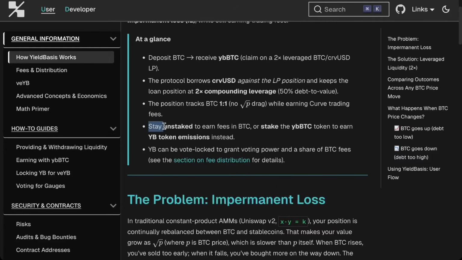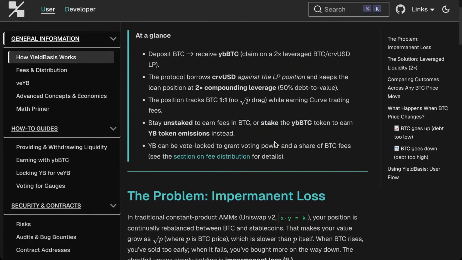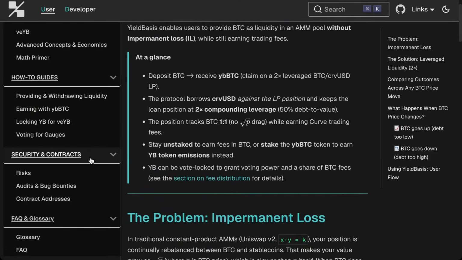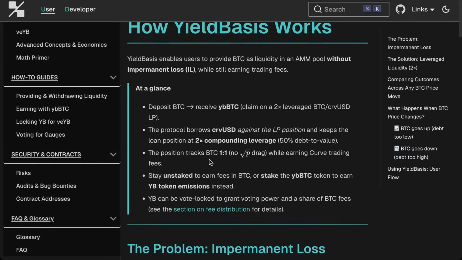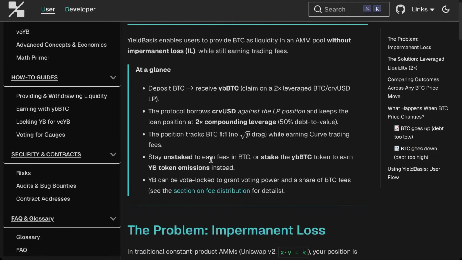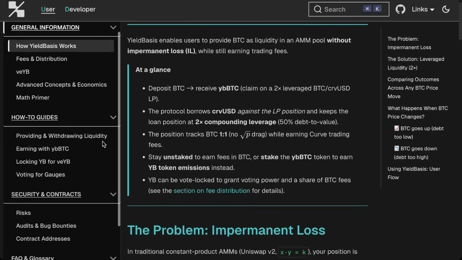Step 4, earn yields. You collect trading fees in Bitcoin from the pool. Half of the fees cover rebalancing costs, and the other half goes to you. Backtests show this can turn a typical 5.8% APR loss into a 10.5% APR gain. You can also opt for YB token emissions instead of fees, but it's your choice.